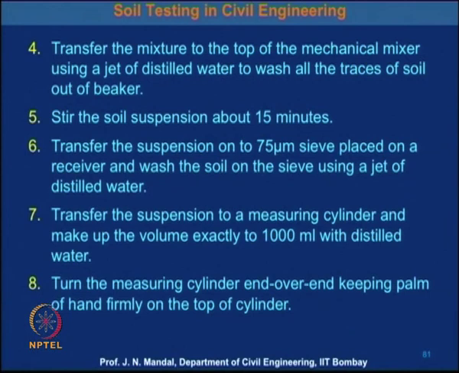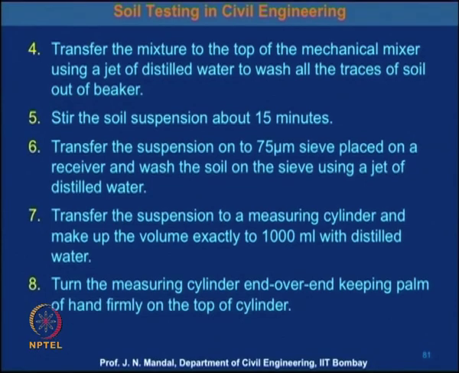Now, transfer the mixture to the top of the mechanical mixer using a jet of distilled water to wash all the traces of soil out of the beaker. Then stir the soil suspension for about 15 minutes.